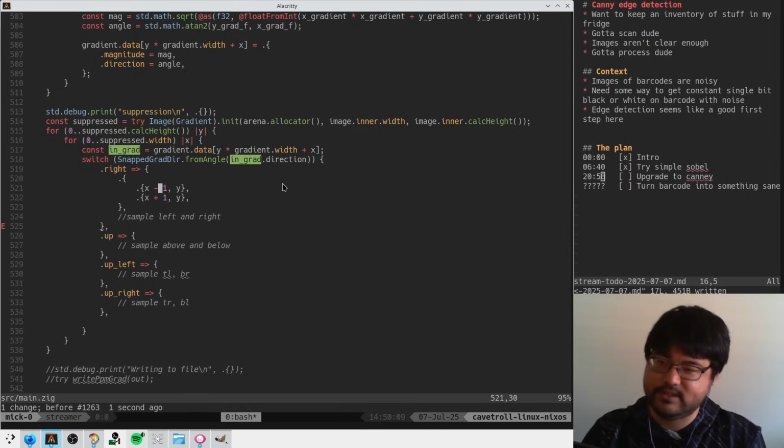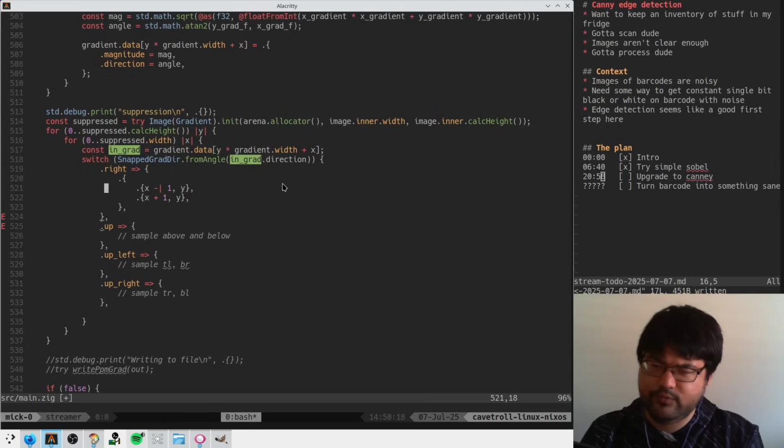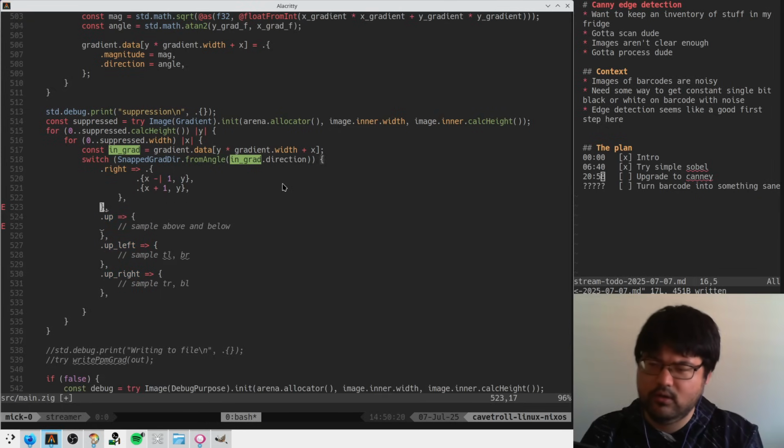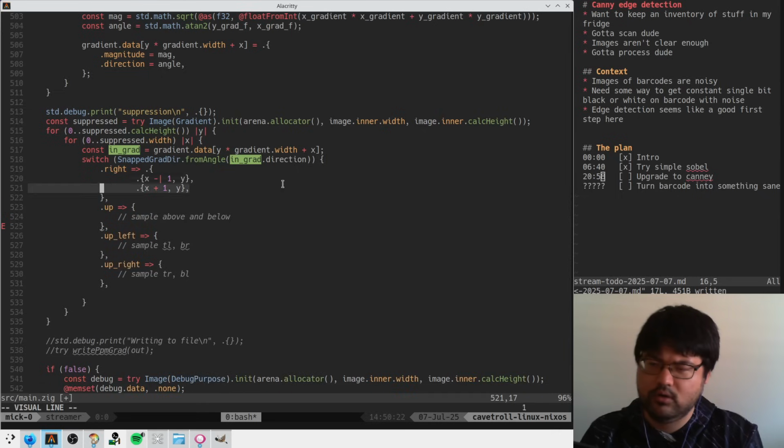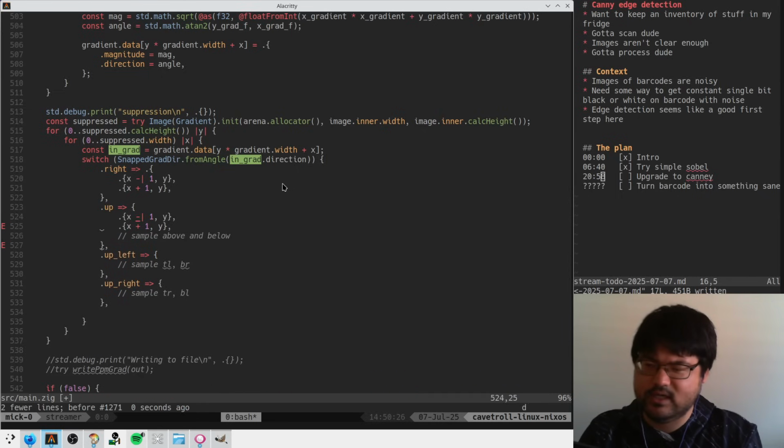Okay. X is unsigned, so saturating sub. And then we'll clamp the top side later, I think. Above and below, this is x stays the same.